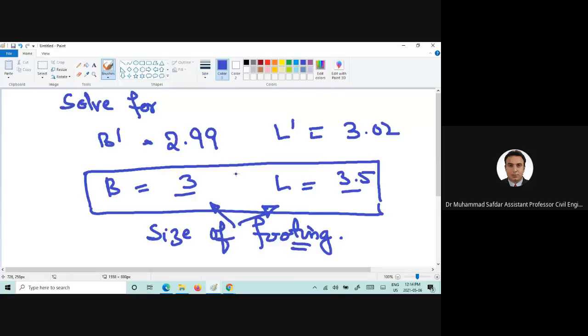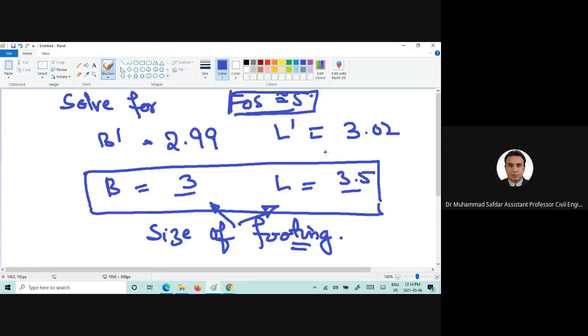The problem is solved here, but as I mentioned earlier, if you want to refine our factor of safety, these two dimensions would give us a factor of safety close to 5, which is okay.